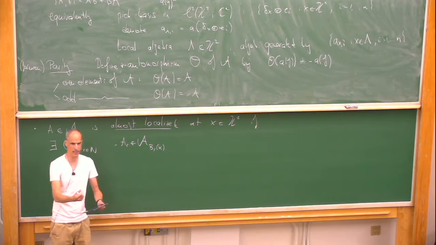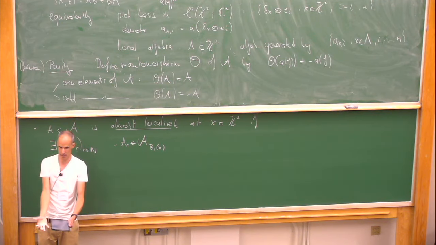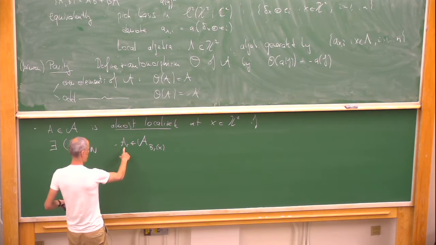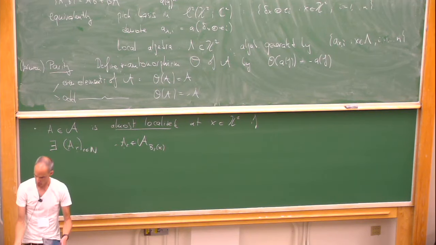You have your site X, you have the ball of radius R around the site X, and these A_R are strictly localized in that ball.